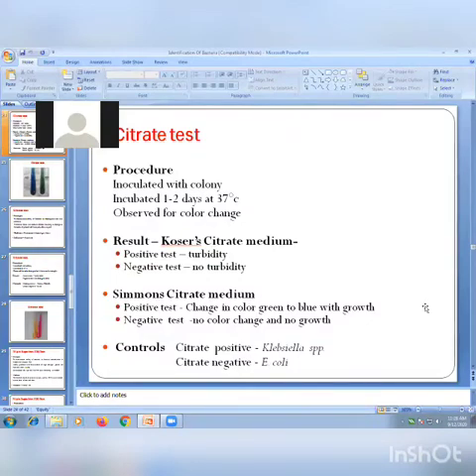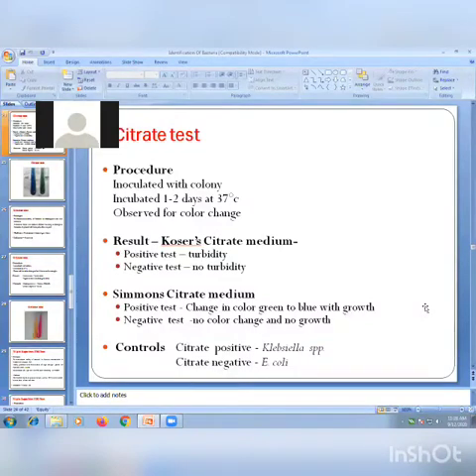The original color of the medium is green. Here the media is in the form of a slant and butt in a test tube. Inoculate the slant, incubate. After incubation you observe the change in color. If citrate is utilized as a source of carbon, the color changes from green to blue, because the pH changes.